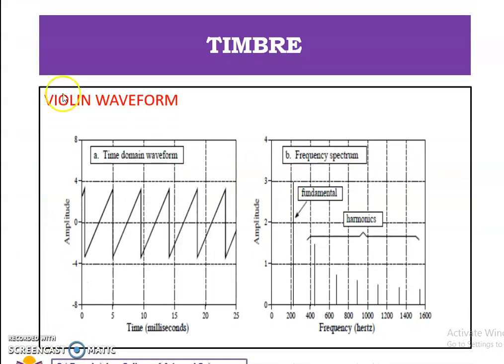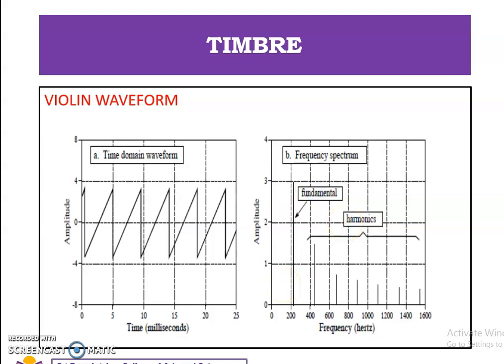There is a violin waveform. In this violin waveform, this is the note being played by the violin. This figure A is played by the violin instrument, and this is the frequency component: the fundamental and the harmonics.